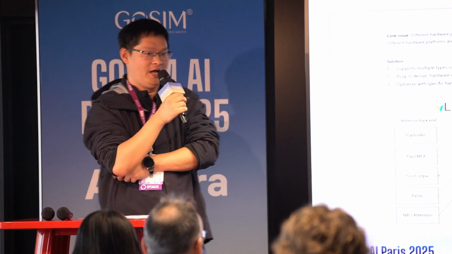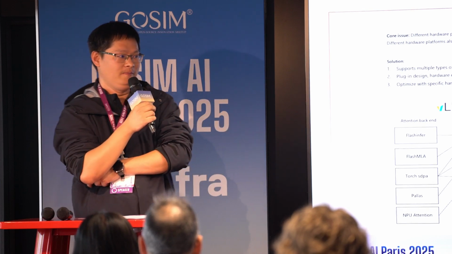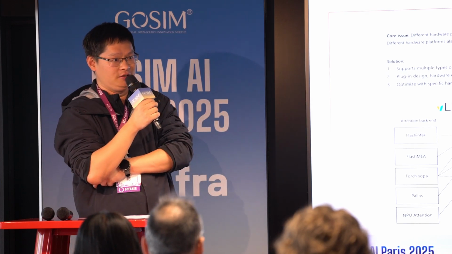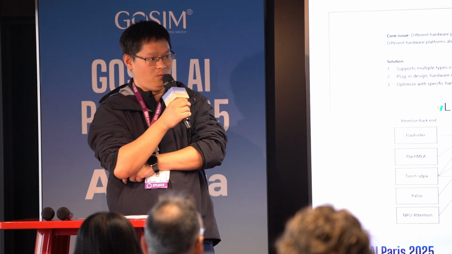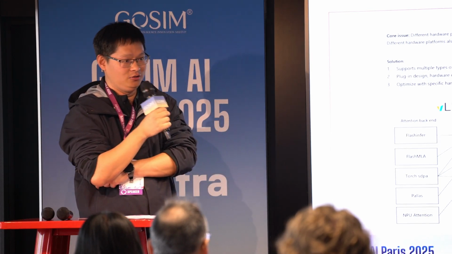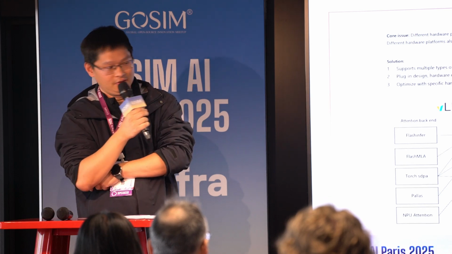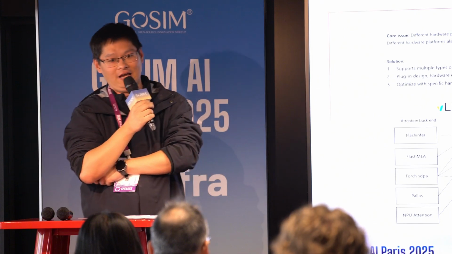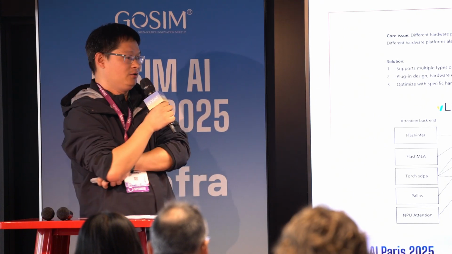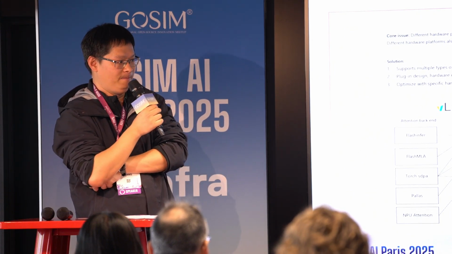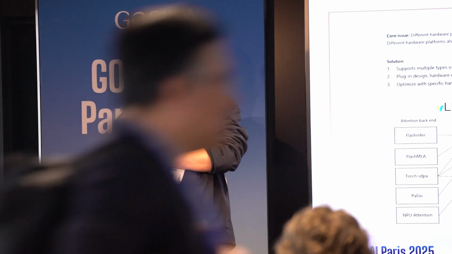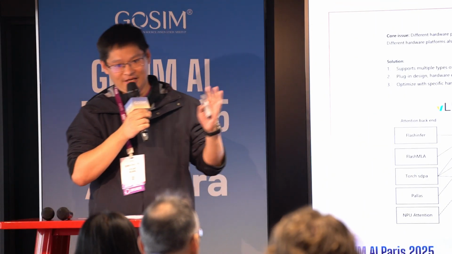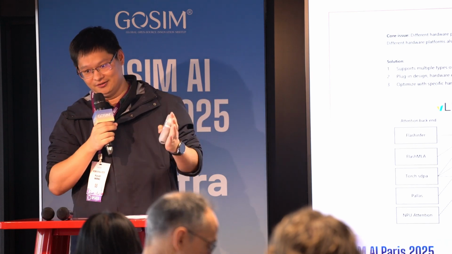So for vLLM, I'd like to introduce some key features to describe why it is fast and why it is useful for inference. The first one is the diversity of hardware. You know that there are many acceleration hardwares now in the world.